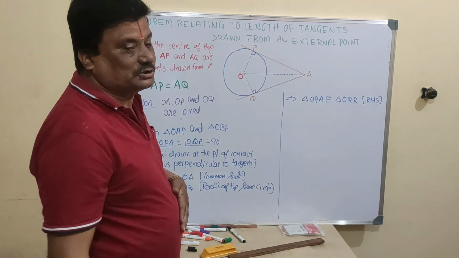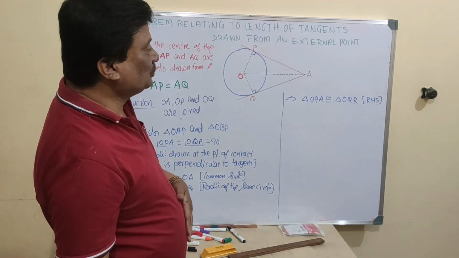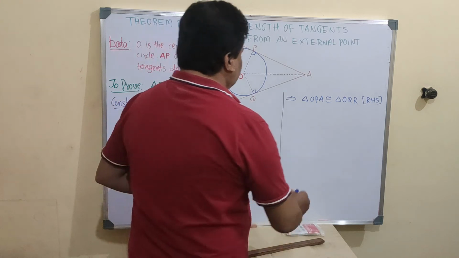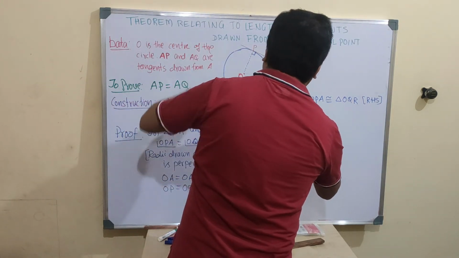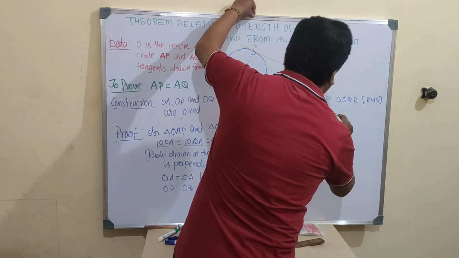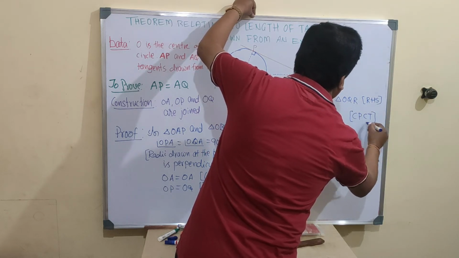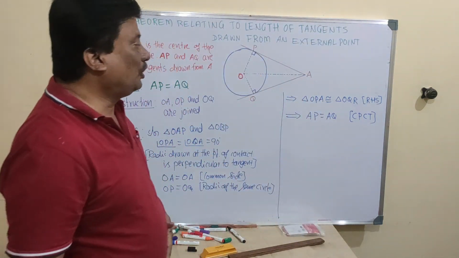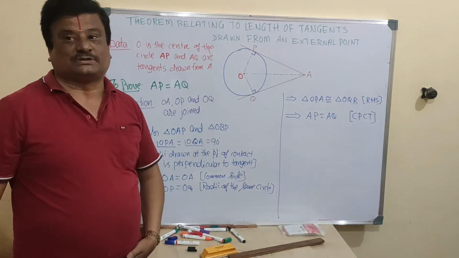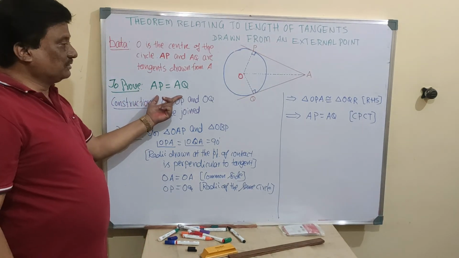That is the RHS postulate. So AP is equal to AQ because of CPCT. Here CPCT means corresponding parts of congruent triangles. That's what we wanted to show.